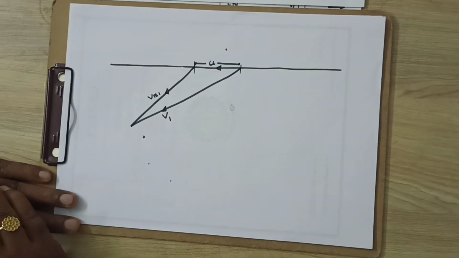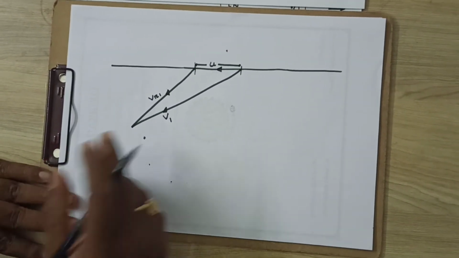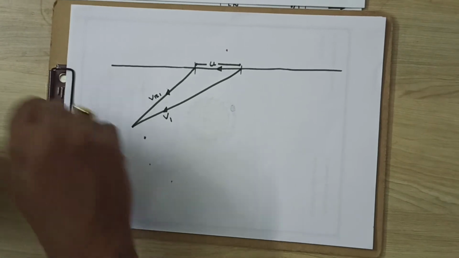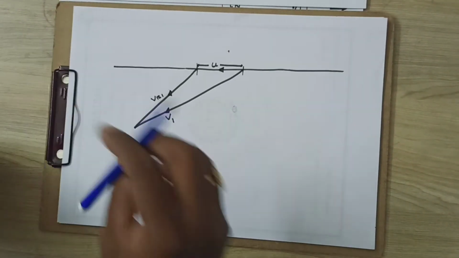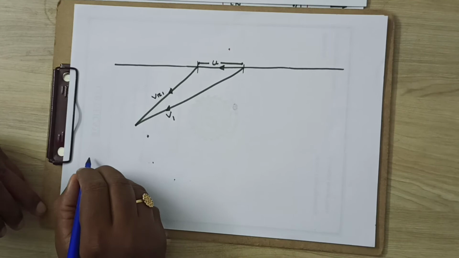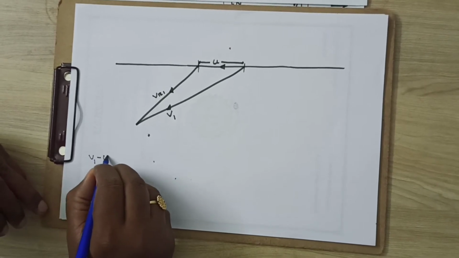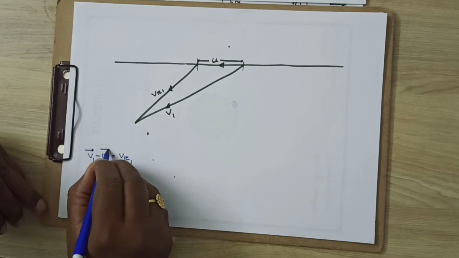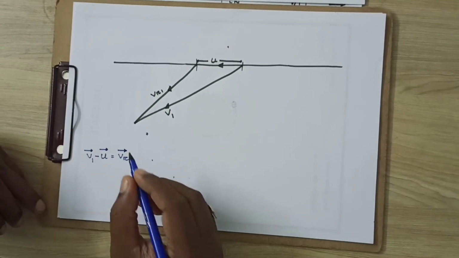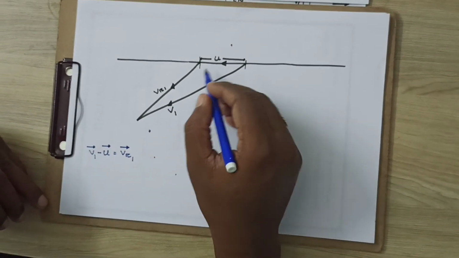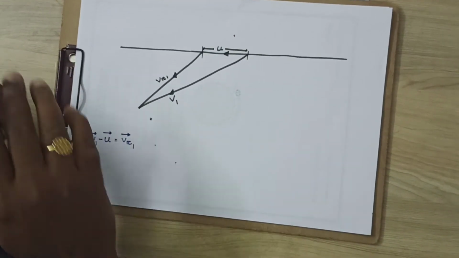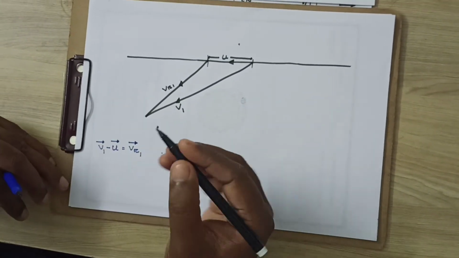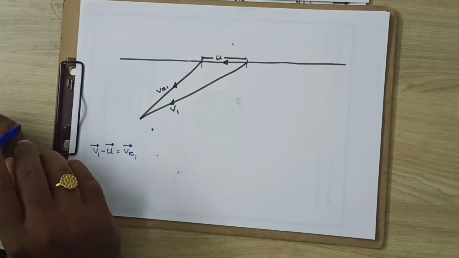Okay, over. The concept is something like this: V1 minus U is equal to VR1. You go for this V1, then this U taken in opposite order, this will be VR1. Then the angle will go on later on.